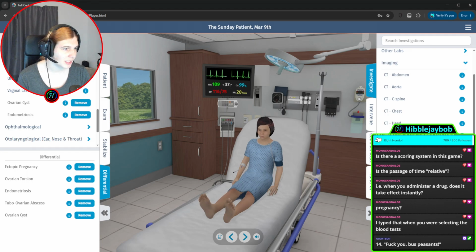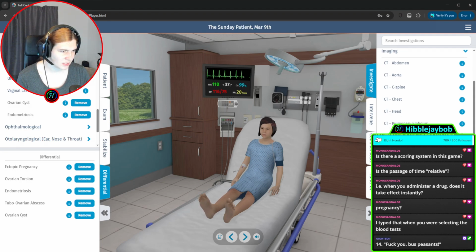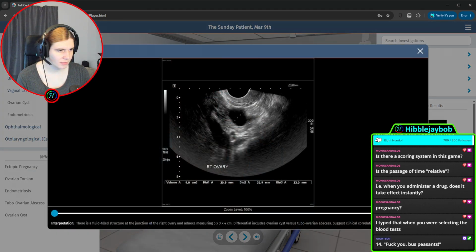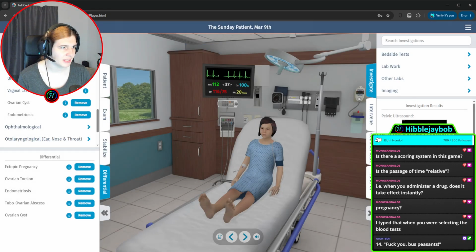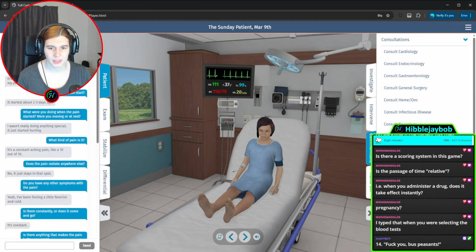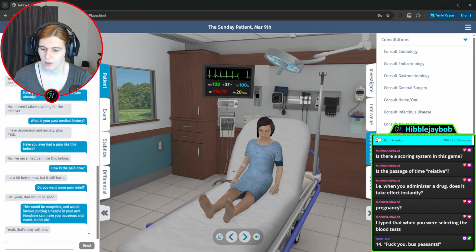Could do CT. I don't know what the difference between these two is. Let's try this. Okay, it's literally the same. Okay, let's see what we're dealing with here.